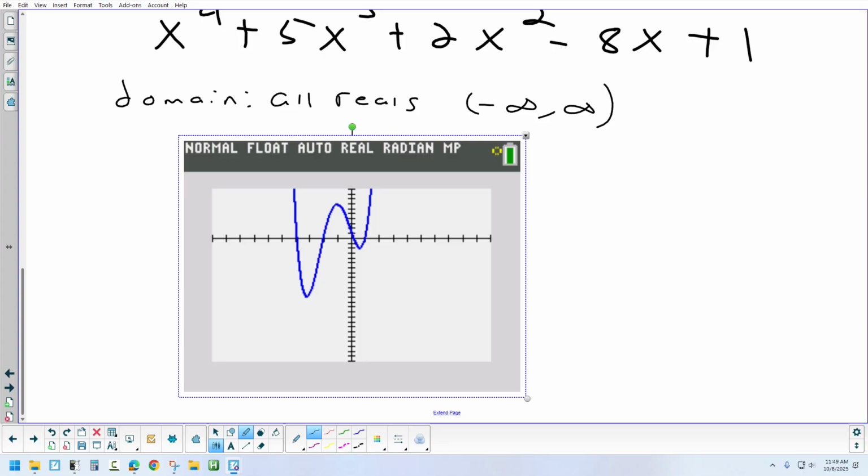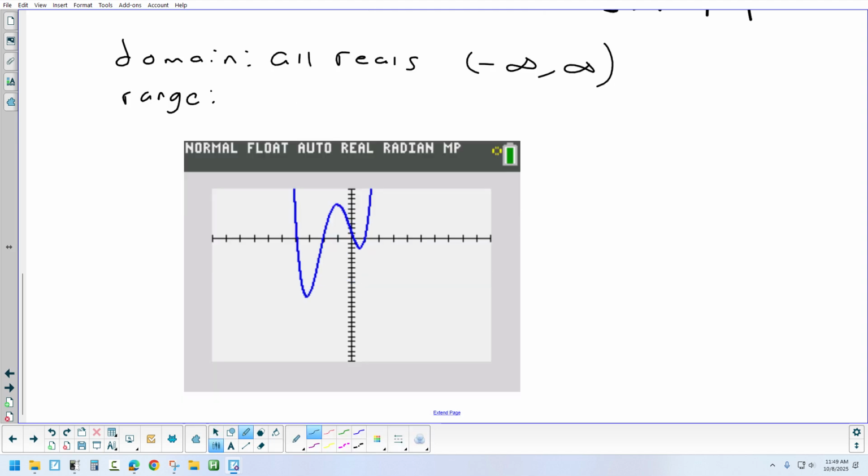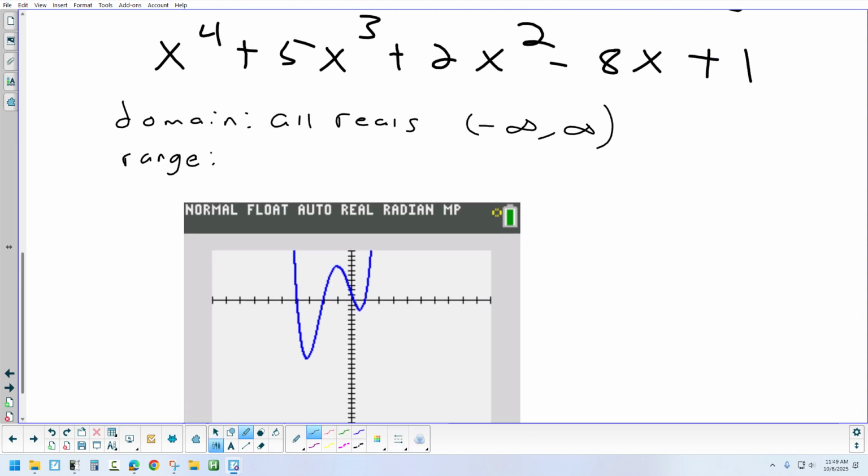Never stops in one of them. Does this particular graph go up forever or down forever? Yeah, up. It does go up forever. So when we describe the range, what is the highest value that you will ever hit on the y-axis? Infinity. Can we include it? No.